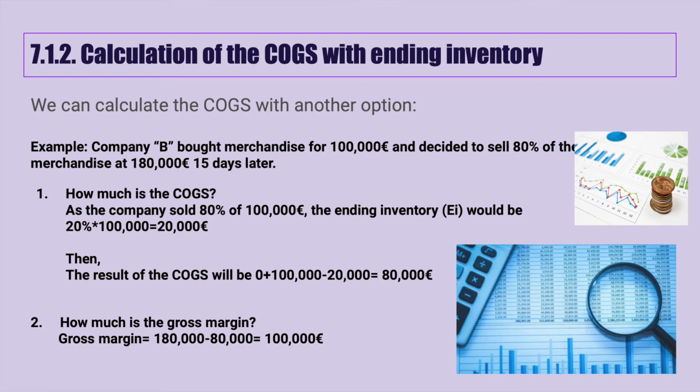So the result of the COGS will be 0 plus 100,000 minus 20,000, that is equal to 80,000 euros. And the last question, how much is the gross margin, is the difference between the price that the merchandise was sold and the COGS, and the result will be 100,000.